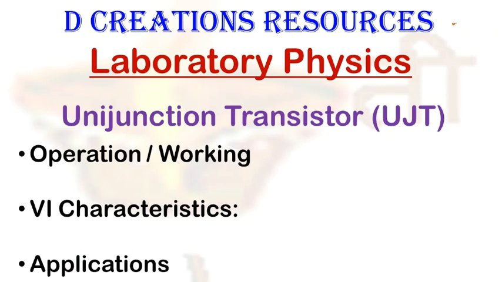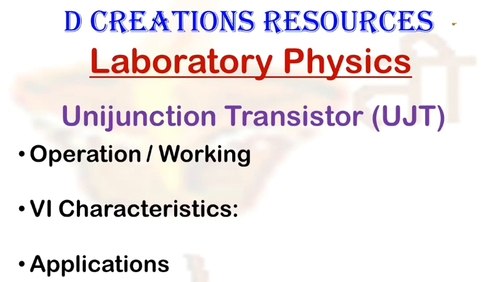VEE is connected across the emitter and the base 1 terminal, and VBB is connected across the base terminals B1 and B2. It's easy to remember: whatever is measured across the base terminals B1 and B2 is VBB, and the other one measured between emitter and base 1 is VEE.